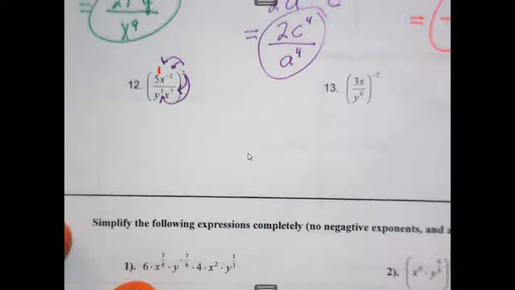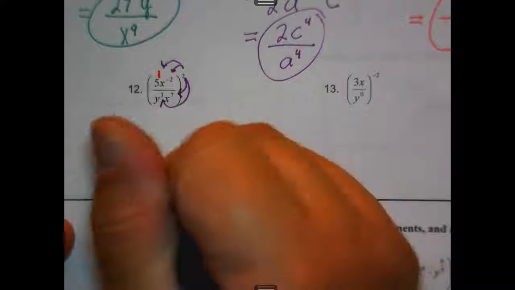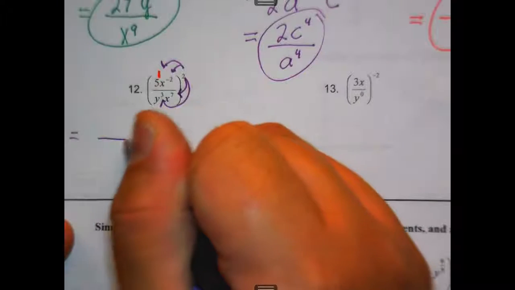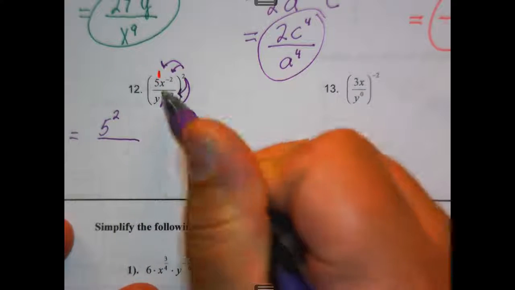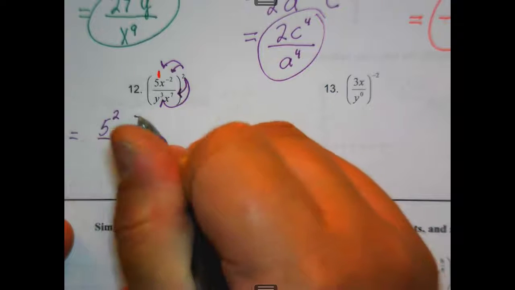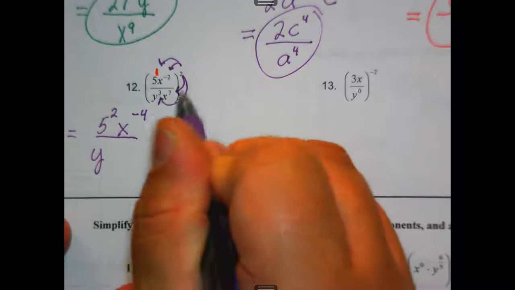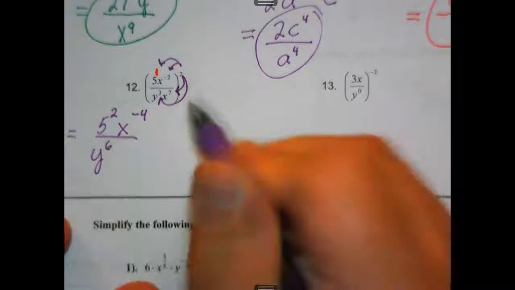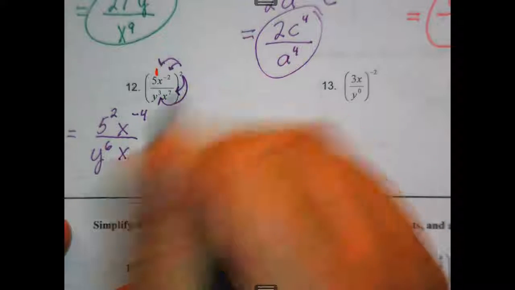Because it's outside the parentheses. All right, so this is going to equal 5 to the 1 times 2 is 5 squared. X to the negative 2 times 2 is negative 4. Y to the 3 times 2 is 6. X to the 7 times 2 is 14.